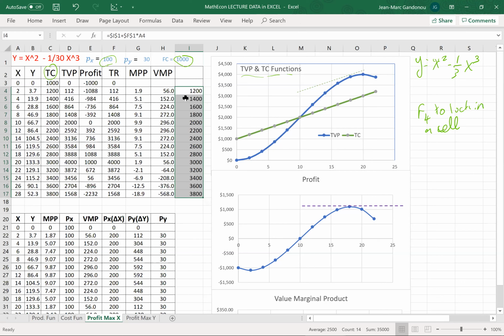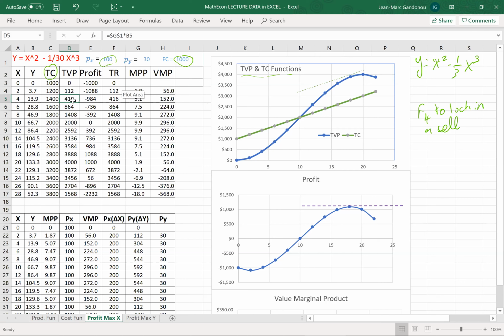So by computing total costs, we already computed total variable cost. Let me see, where is it? Total variable costs.